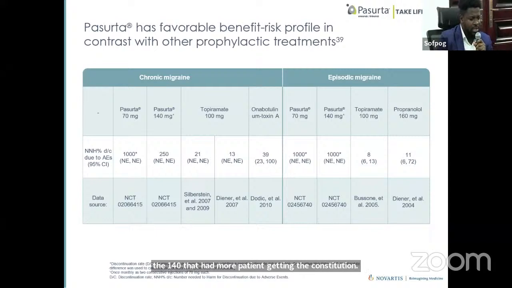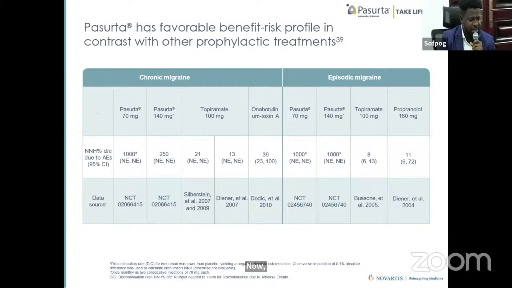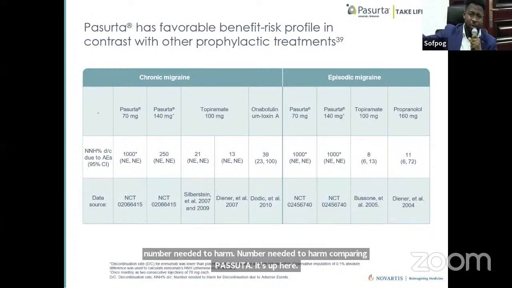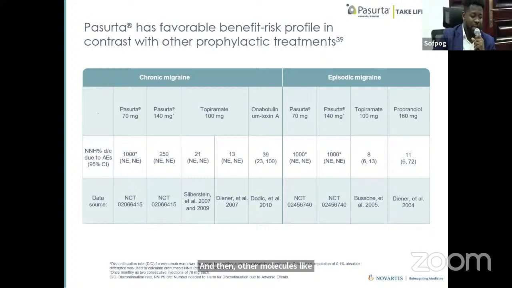Now, I think this is my last but one slide. This talks about the adverse events or benefit-risk profile in terms of number needed to harm, comparing Pasuta, topiramate, and other molecules like propranolol. For the 70 milligram Pasuta, you need a larger number of patients to cause one harm.